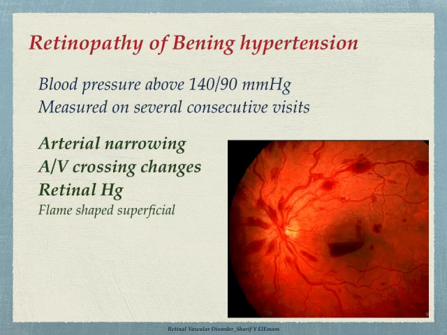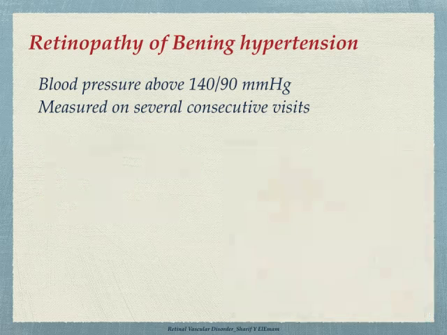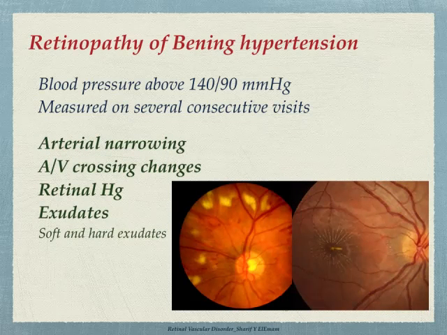However, sometimes blot hemorrhage or dot and blot hemorrhage can also happen in a patient who has benign hypertension. And of course, exudate can also be seen. Star-shaped exudate in the macula is a hallmark or one of the characteristic changes that can be seen in benign hypertension. It usually means that the patient has very, very high blood pressure and needs to be treated urgently.